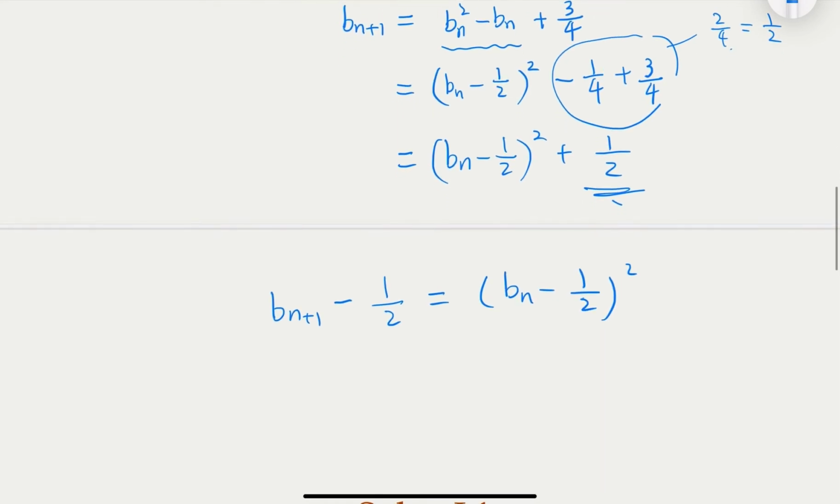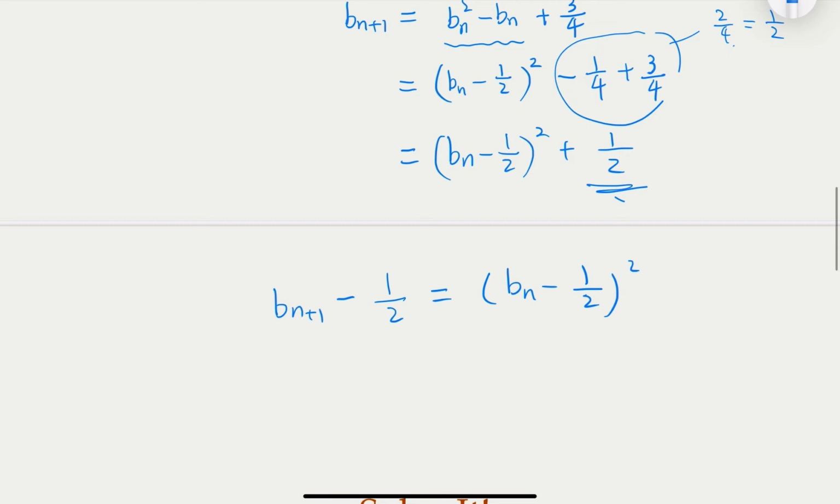This is a recurrence relationship, and from here we know that bn minus 1/2 would equal b1 minus 1/2, and then you keep squaring it. Every time you move to the next term, you're going to square the previous term. So this quantity here is going to be squared how many times? Almost like n minus 1 times, right?